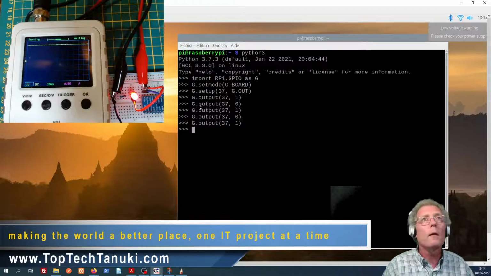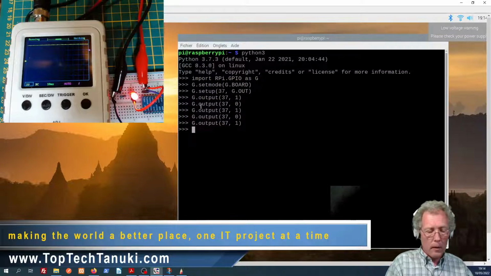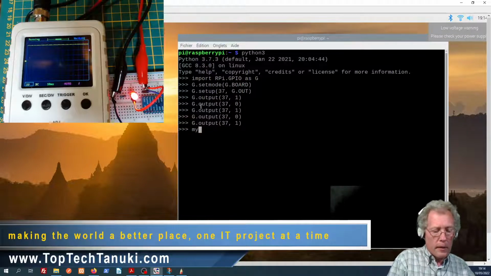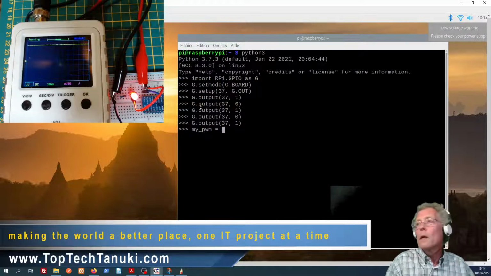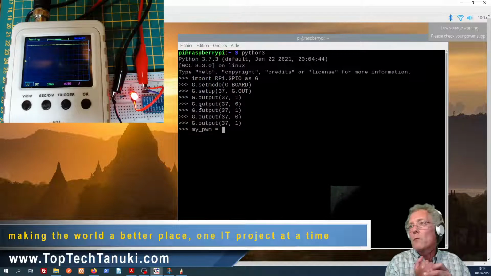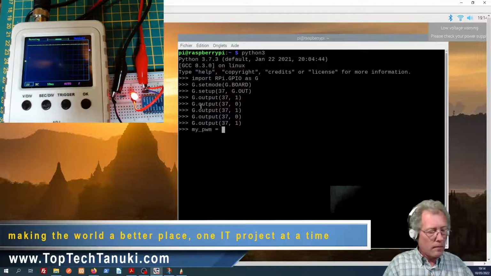Now we will set our pulse width modulator. Okay, we will get an instance here, G.PWM.